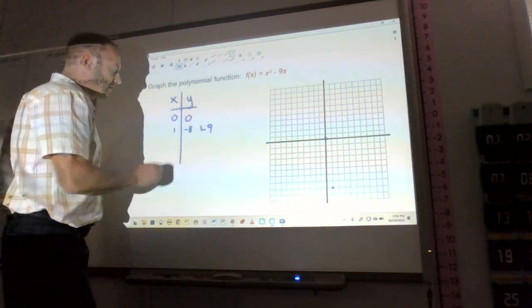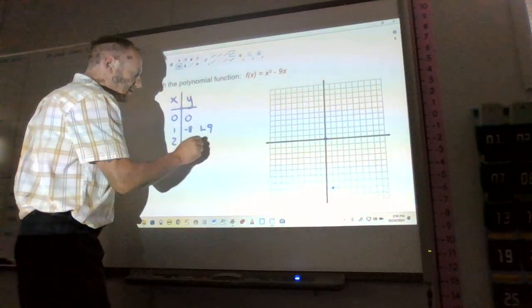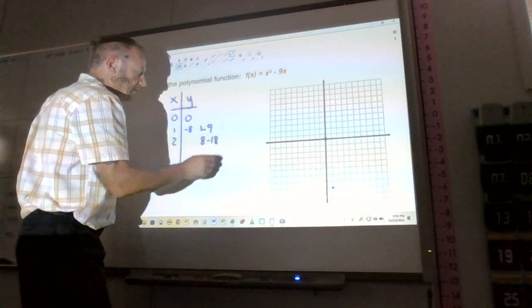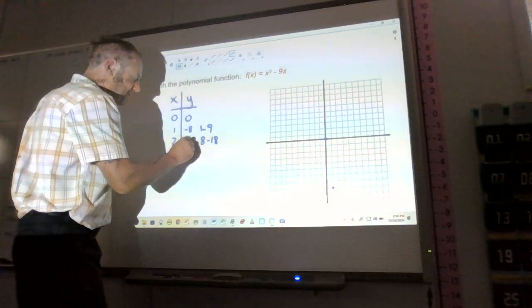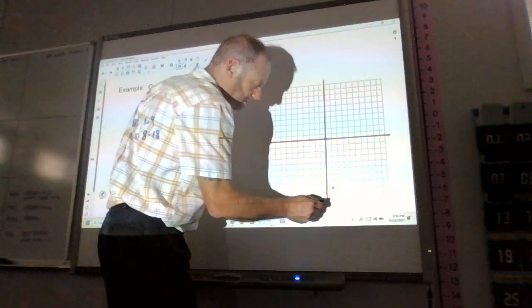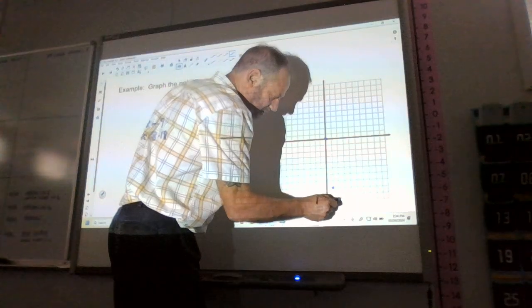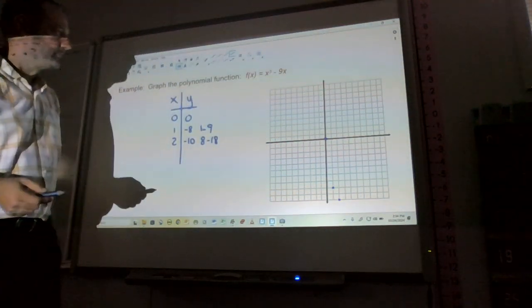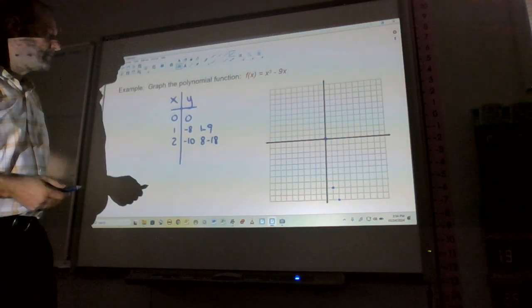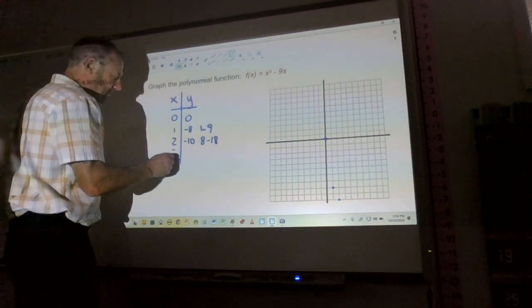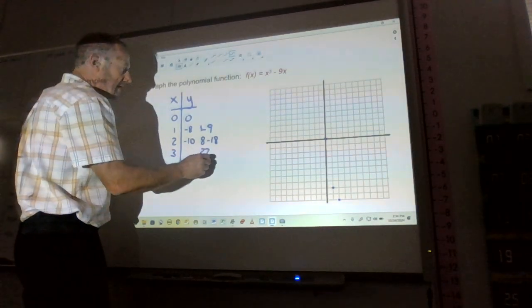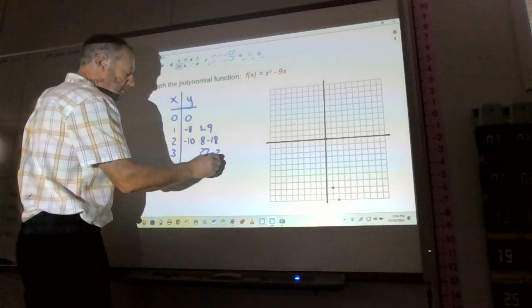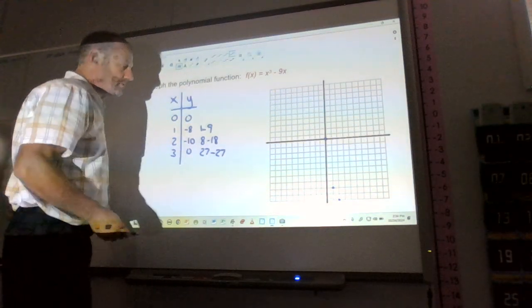Okay, if I put 2 in there, I would get 8 minus 18. Oh, well, I guess that would still be on the graph. That would be negative 10. So that's going to be right here. What if I put 3 in there? That would give me 27 minus 27. That's going to give me 0. Well, look at that.